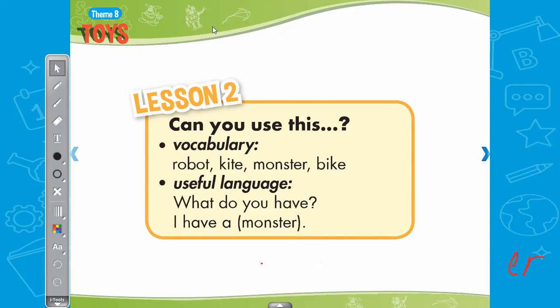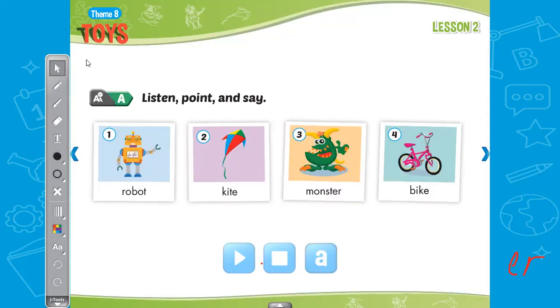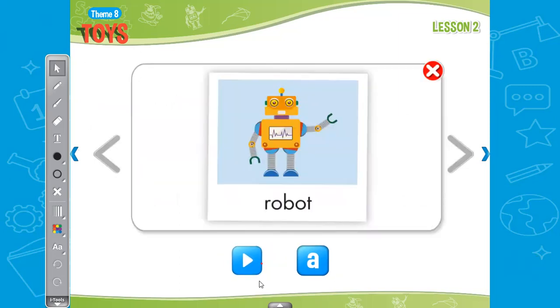Now let's go ahead and describe and learn what our toys are going to be in this unit. As we can see, A. Listen, point, and say. Number 1 is a robot.